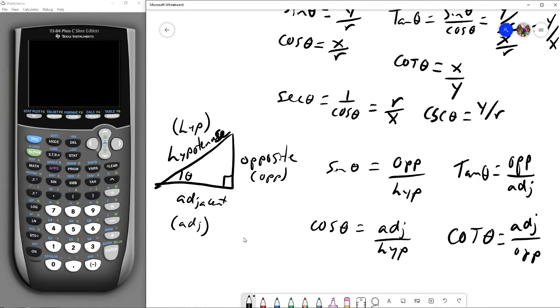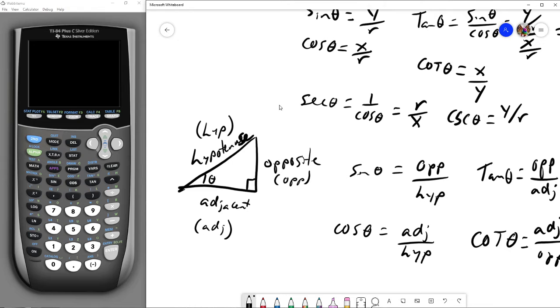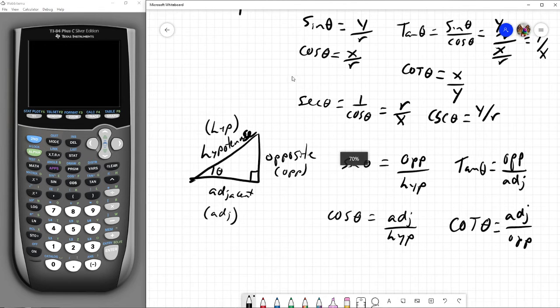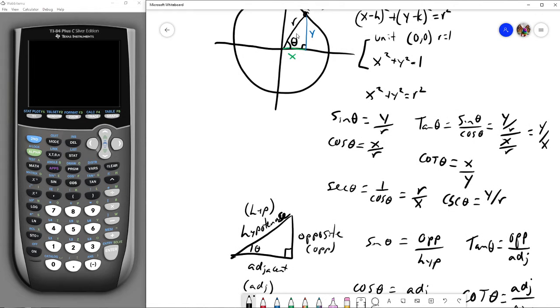Now, where we are getting these from, in case you missed the point, pun intended, is that when we think about our triangle up here, right, this r is the same thing as hypotenuse. So r is equal to the hypotenuse, y here is equal to opposite, and x is equal to adjacent.